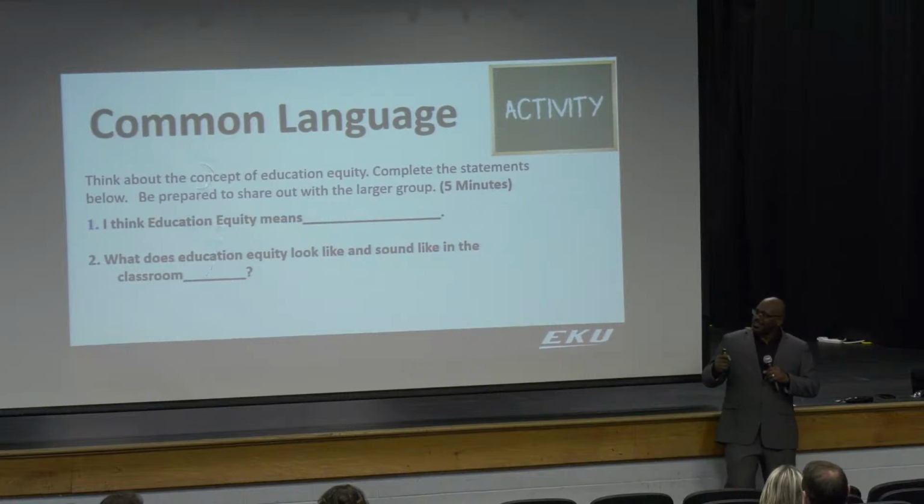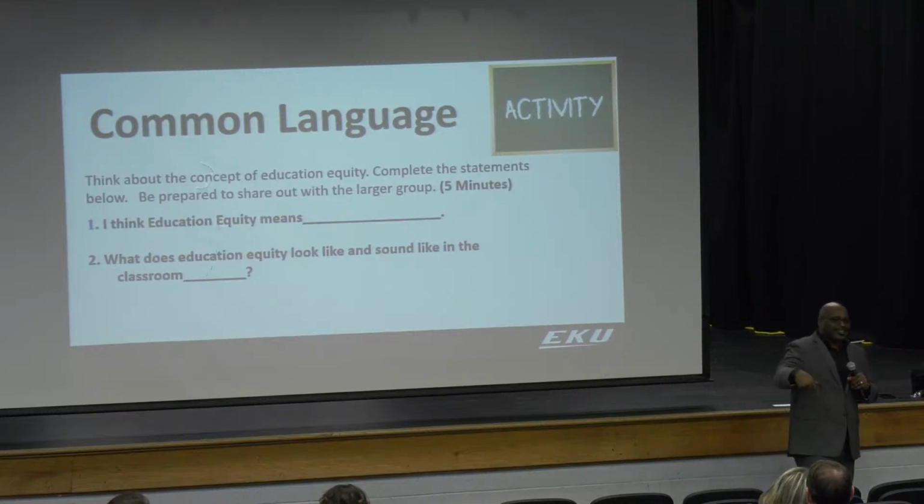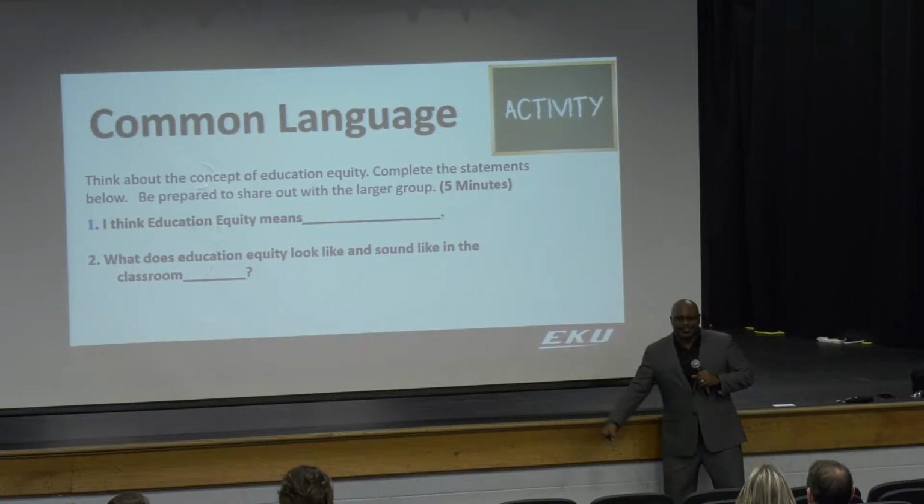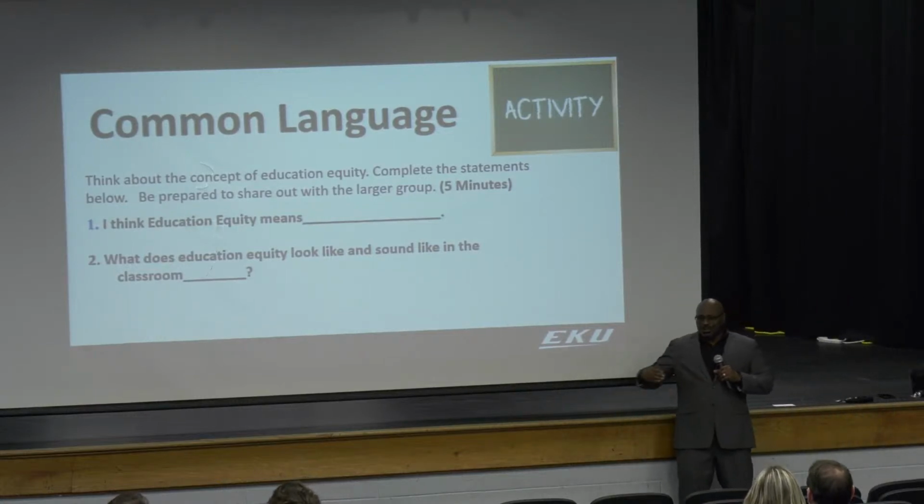And so I had to go to all these different districts, and every time I would go to real Eastern Kentucky, not this Richmond, Irvin, that ain't Eastern Kentucky. I keep trying to tell folks at EKU, this is Central Kentucky. I'm talking about Martin County, Owsley, Letcher, the real Eastern Kentucky. And they were like, why are you coming here to talk about equity? We don't have any black kids.